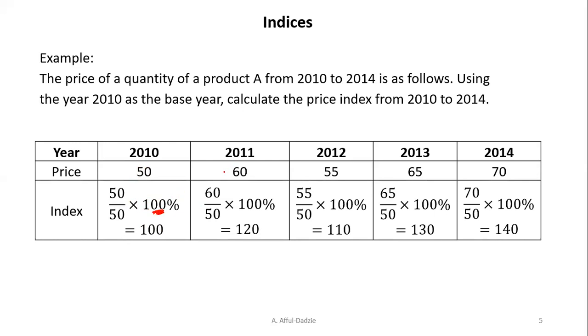If you move to the next period, then this time around we are comparing 2011 to 2010. So it is now Pn at 2011. So Pn, which is 60 over 50 times 100, will give us 120. Then at 2012, another Pn, it's 55 over 50 times 100.